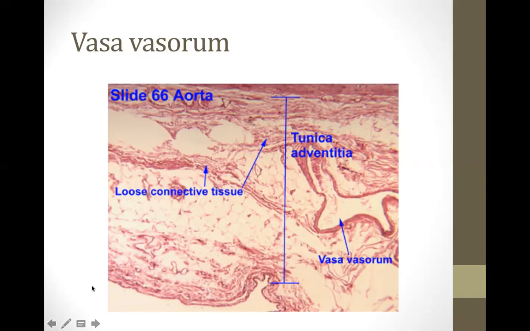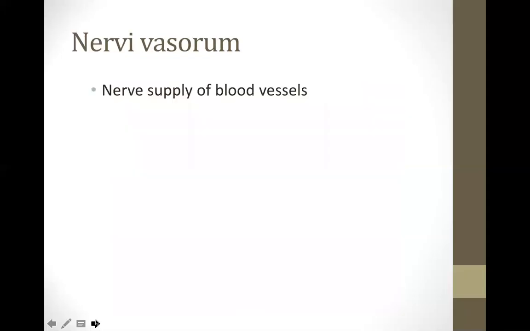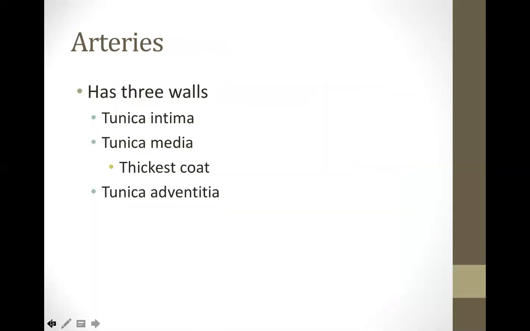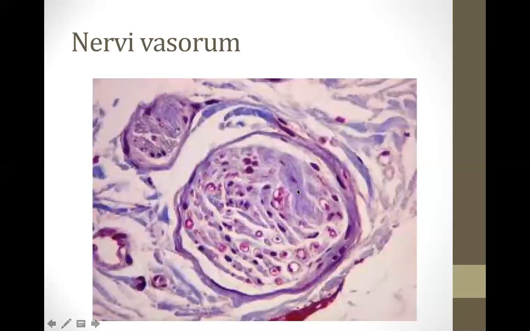Okay? If there's a blood supply of a blood vessel, we also have nerve supply of a blood vessel, and we call that your Nervi vasorum. No? Anong itsura niya? This one. Hindi masyadong maganda, medyo blurred, but the Nervi vasorum is composed of nucleus inside, no? Wala siyang lumen at usually kasama siya ng blood vessel.